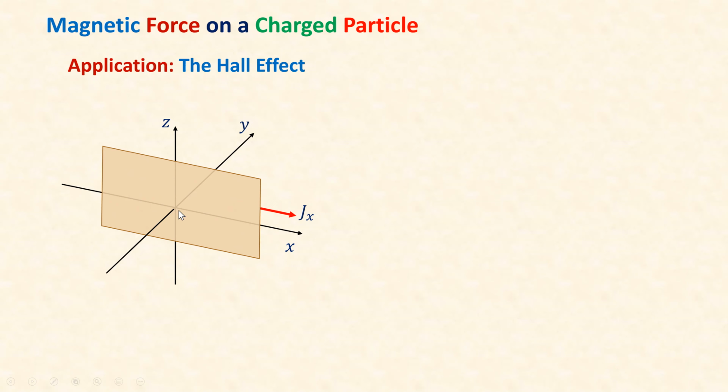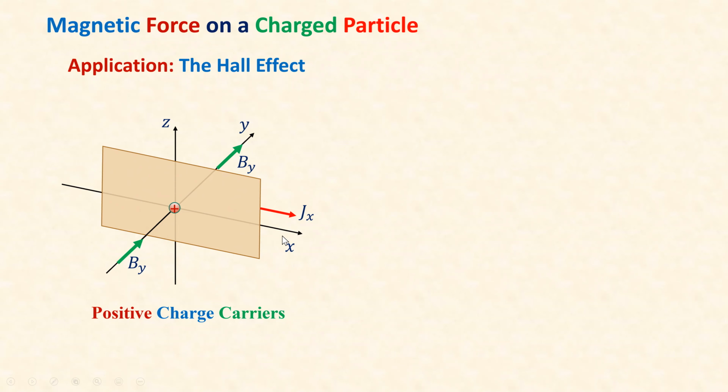And then we have a magnetic field in the y direction applied to this belt, and it has current in the x direction. Now we can suppose that the charged particles that are creating this current are positive. If the charged particles are positive, then which direction should they move to create this current?